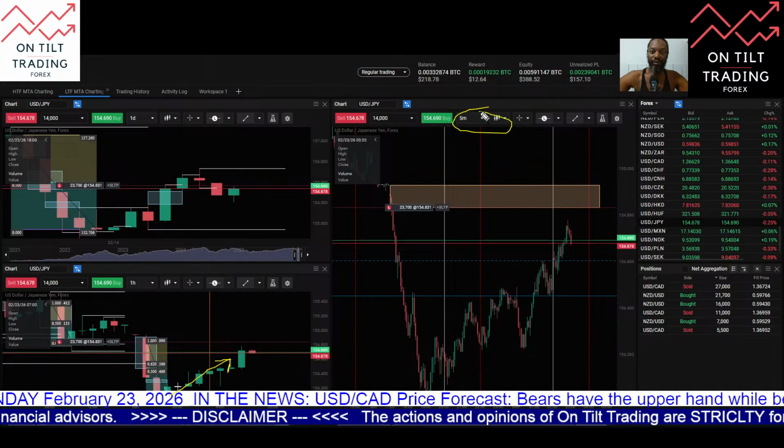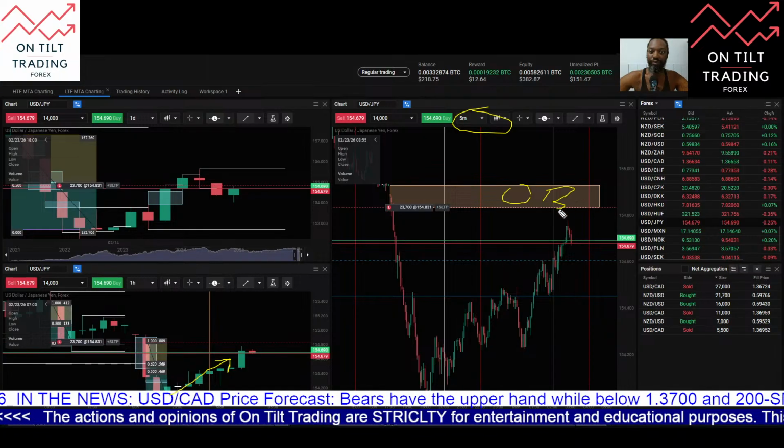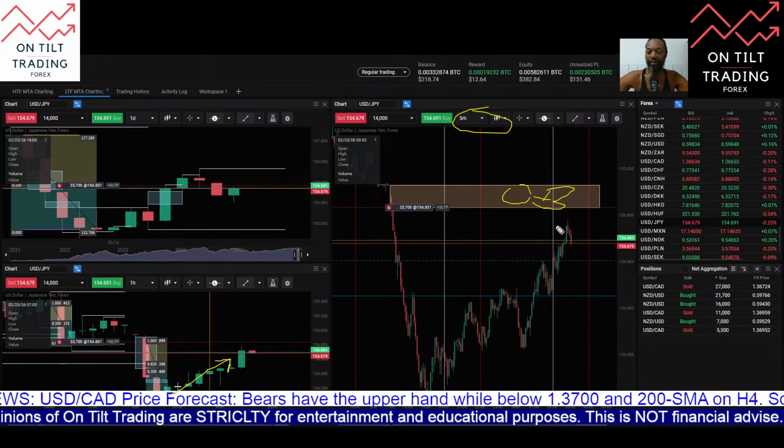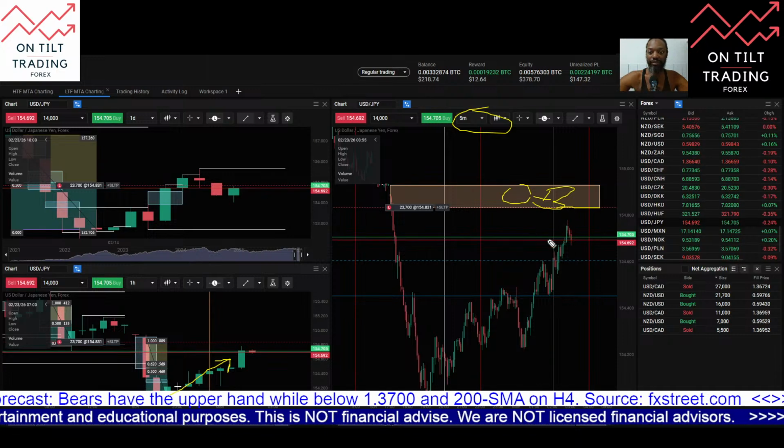And then you can see here on the 5-minute I have bearish order block marked out here, and if price reaches into the bearish order block, I'll take an entry.